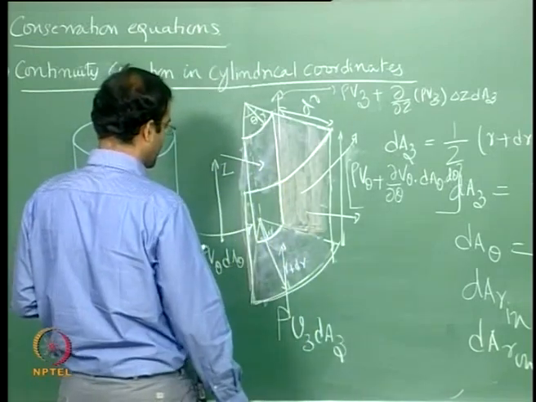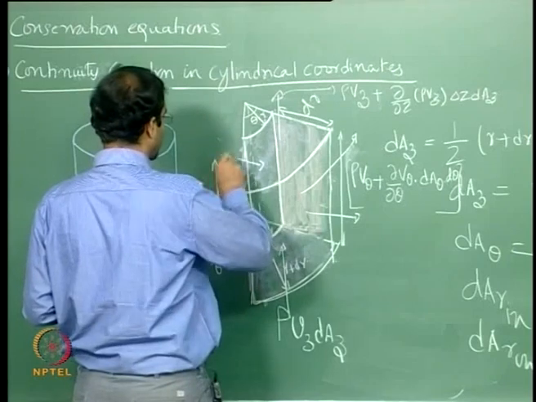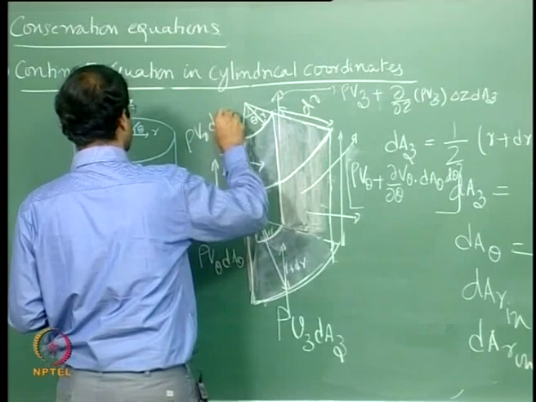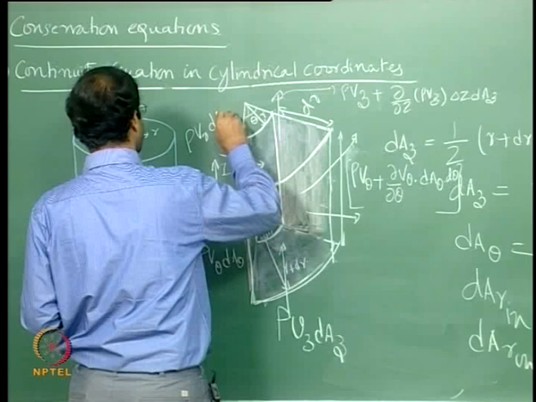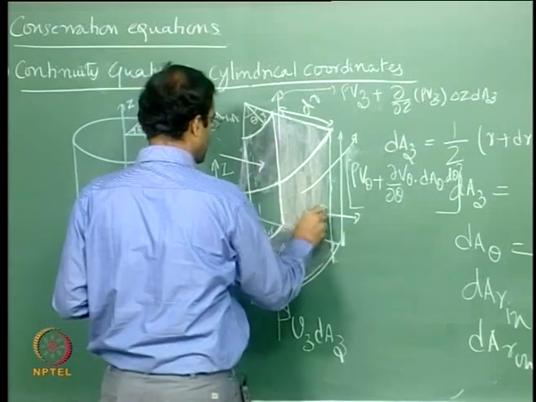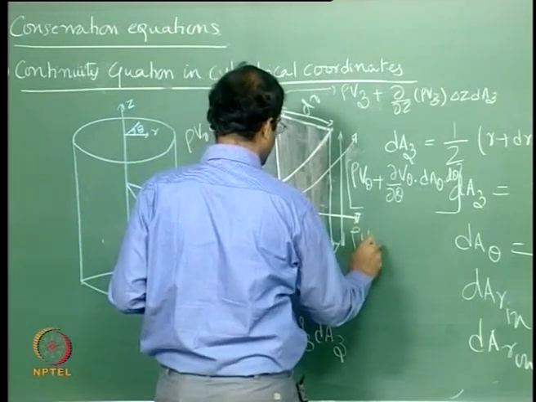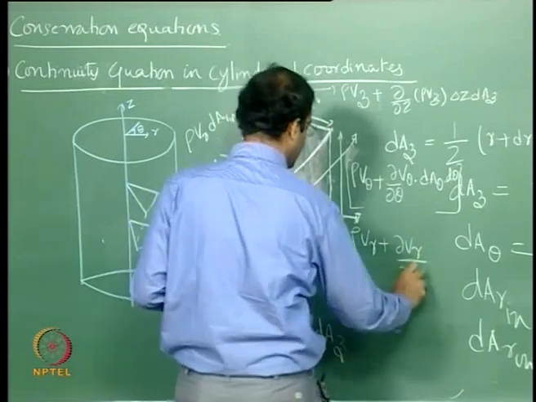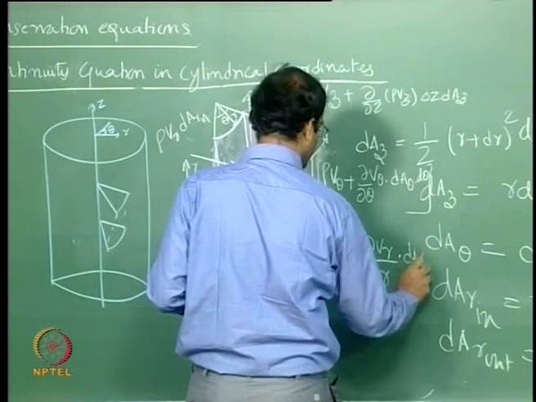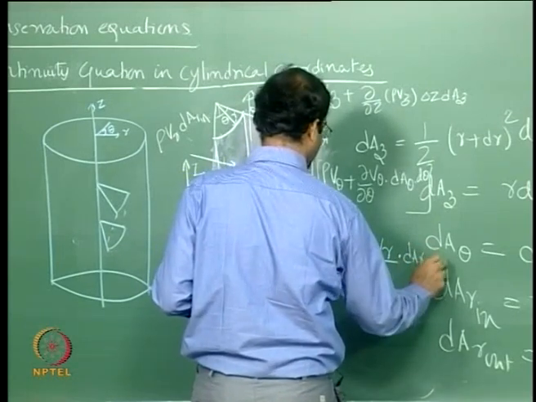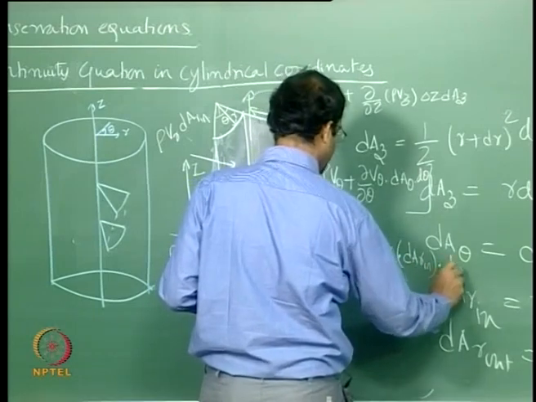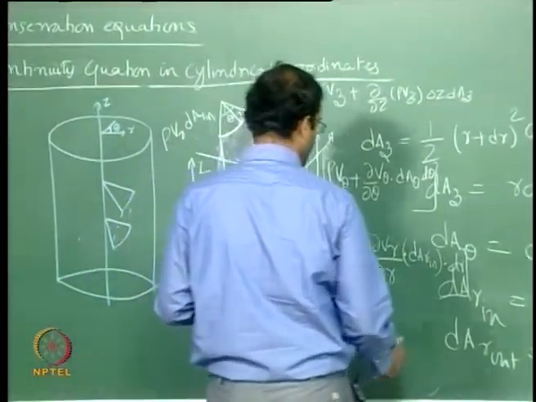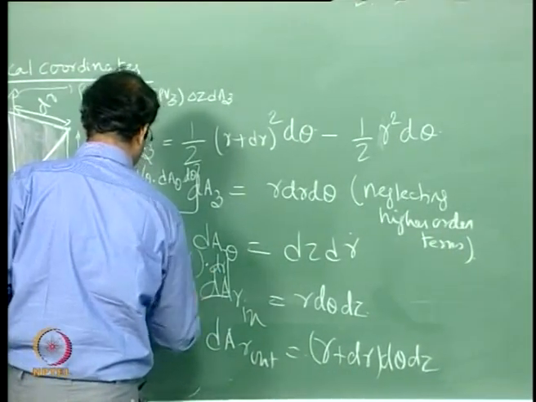And if you look at the mass flow which is entering in the radial direction, this is rho into Vr, entering through the differential element dAr in, and the one which is exiting in the radial direction, by Taylor series expansion, will be rho Vr plus d of rho Vr by dr into dr, into dAr out here.